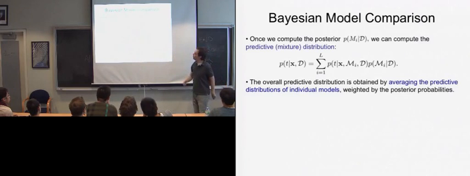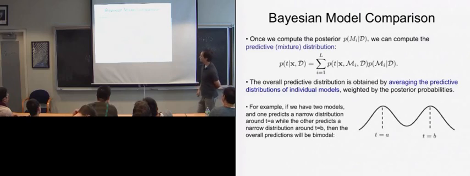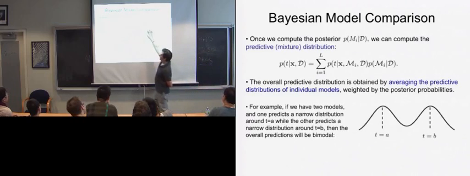So essentially we're doing Bayesian model averaging here. The overall predictive distribution is, again, averaging the predictive distributions of individual models, weighted by the posterior probabilities.